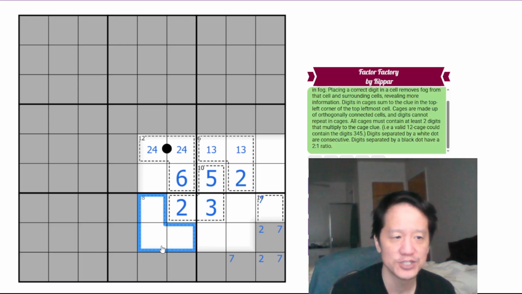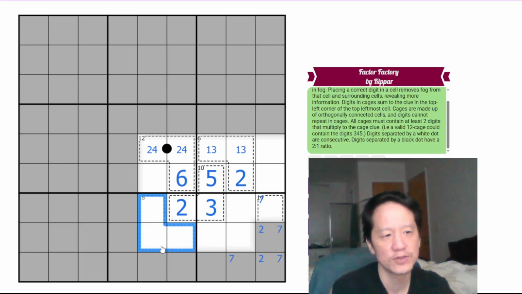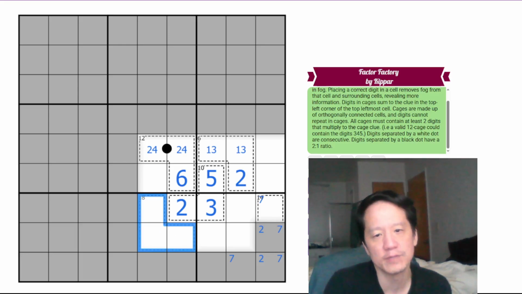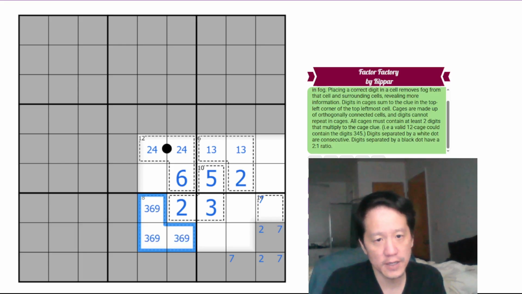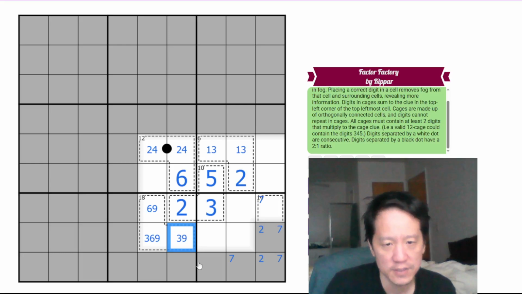But it's 3 digits and you cannot have a 2. So it has to be specifically 3 and 6 multiplied together to get to 18. Well, if that's the case, you also need a 9 there to add up to 18. So this is 3, 6, and 9. This can't be 3. This can't be 6.